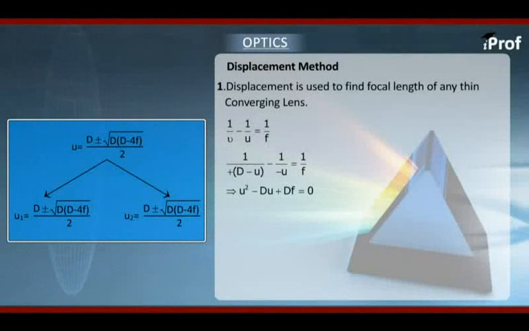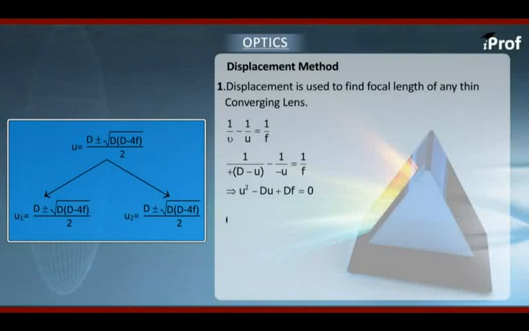Now when we solve this quadratic equation, we get two values of u. We can write u is equal to D plus minus under root D(D minus 4f), this whole divided by 2. Now there are two values, so there are three cases possible.